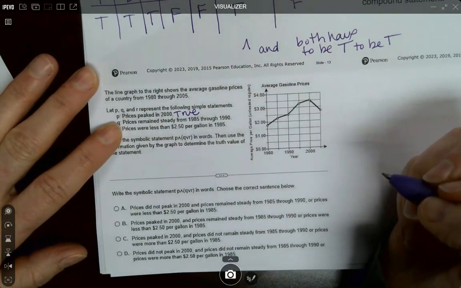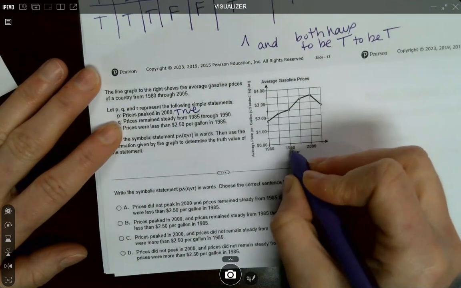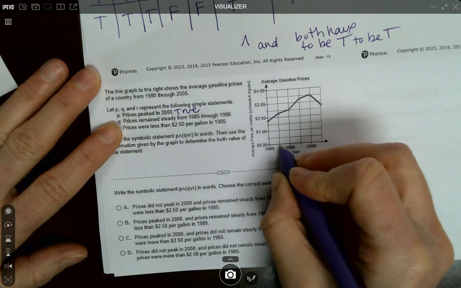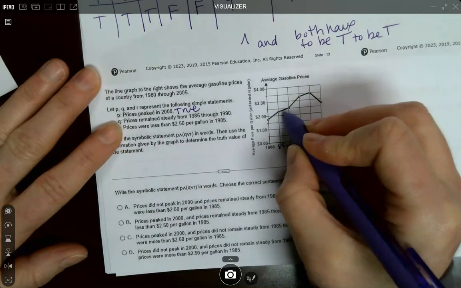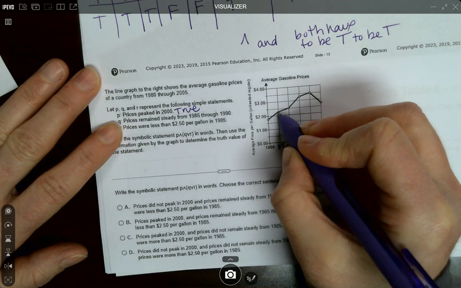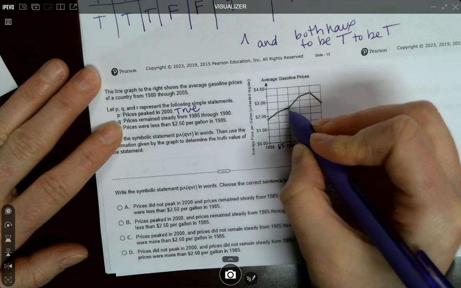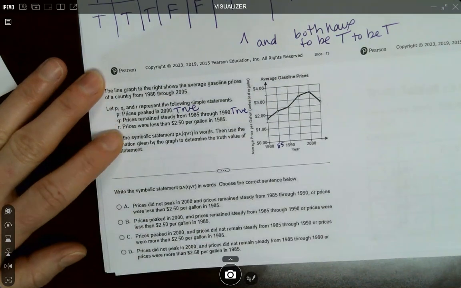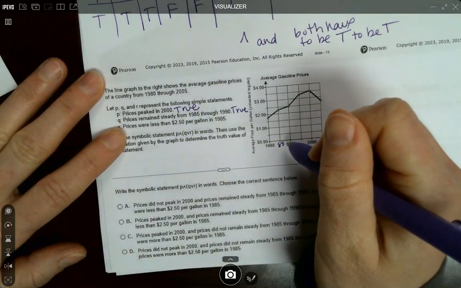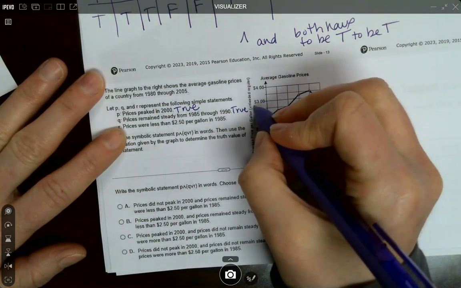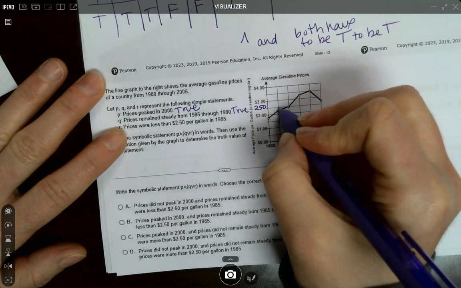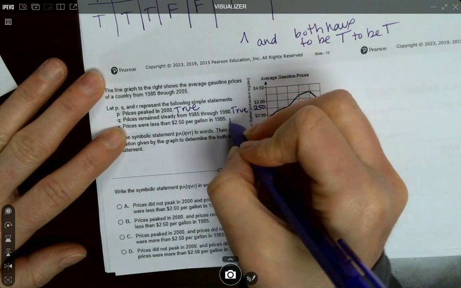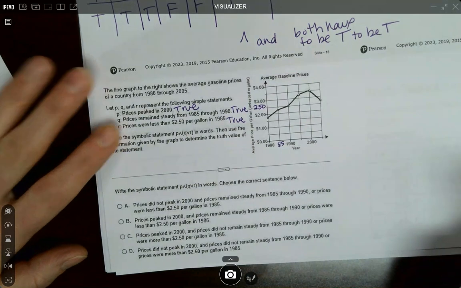Prices remained steady from 1985 to 1990. Here's 1990, so this would be 85. They're pretty close, like 225 up to 250. So I would say true. Prices were less than 250 in 1985. Well, this would be 250. 1985, that would be true. So they're all true statements.